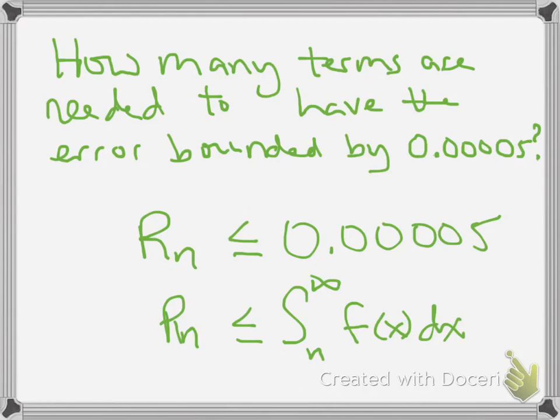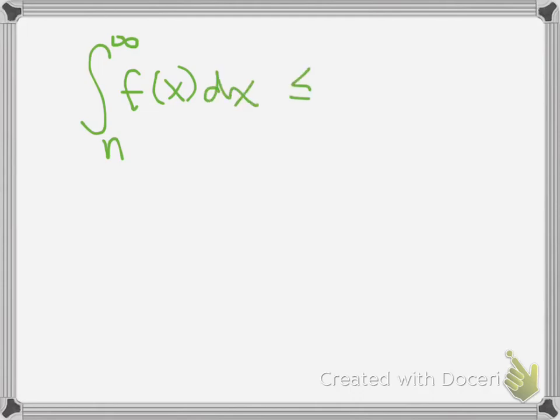So I've got to figure out the first n that makes the improper integral from n to infinity of f(x) dx less than or equal to 0.00005.